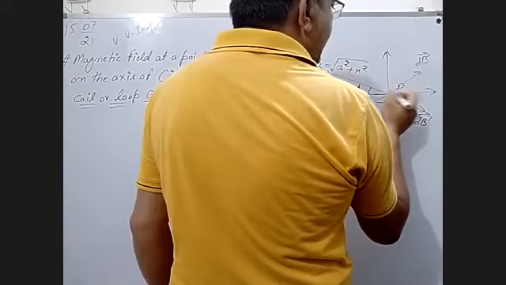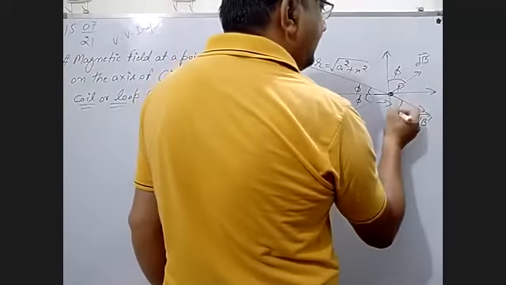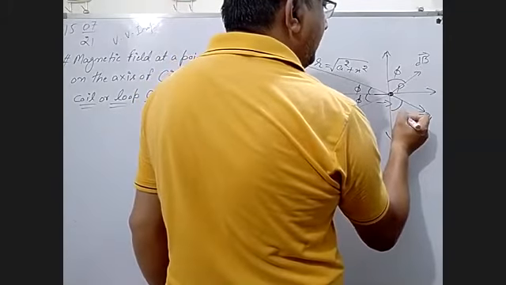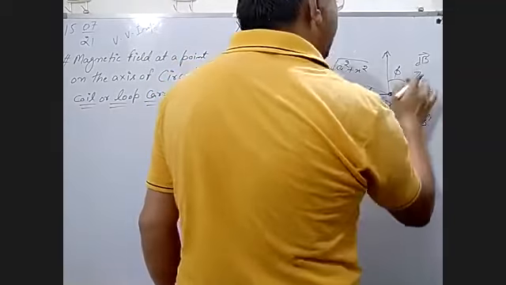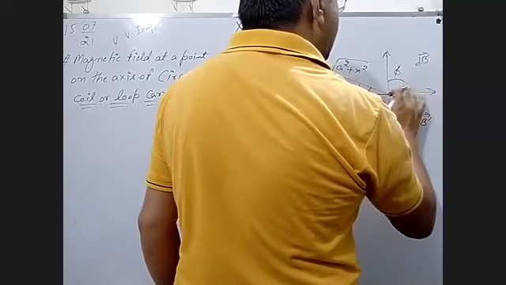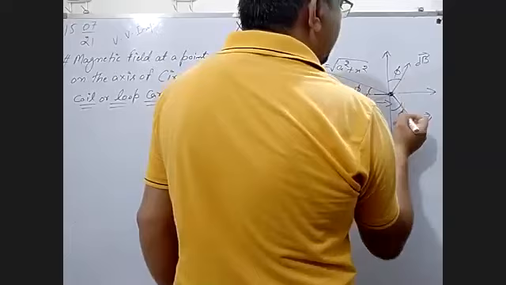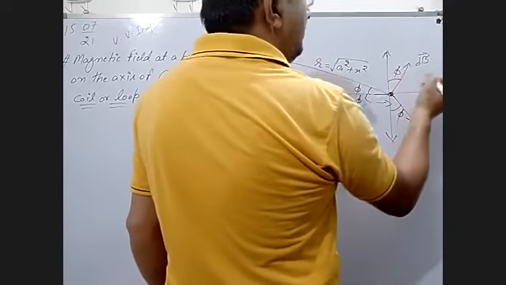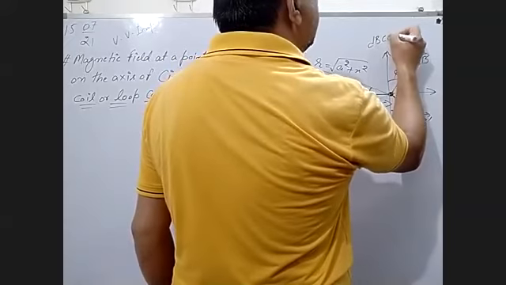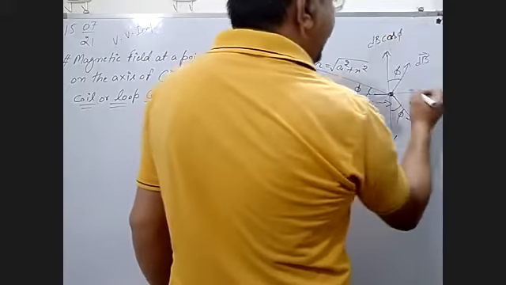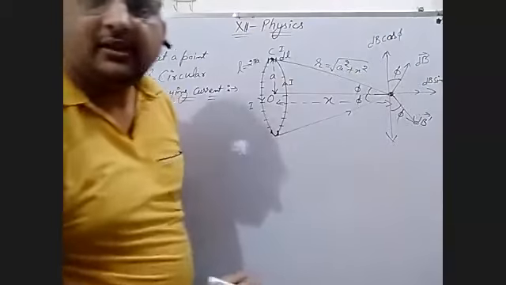Okay, if this is angle phi, this is also again angle phi. This angle is again phi. Okay, because this thing you have to take in such a direction like this. In this way. Okay, these are phi, phi. So dB component is there, dB cos phi, and here dB sin phi.